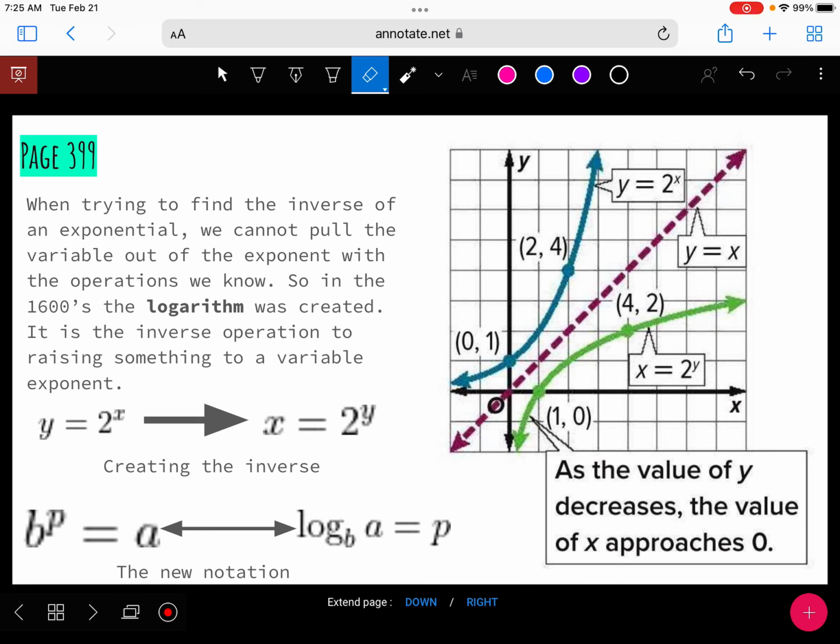Just like parabolas turn into square roots, and the lines change direction. We're going to look at exponentials. This one is an exponential growth, this is 2 to the x. When we do an inverse on them, they switch directions, and they look weird. And they look weirder as equations.